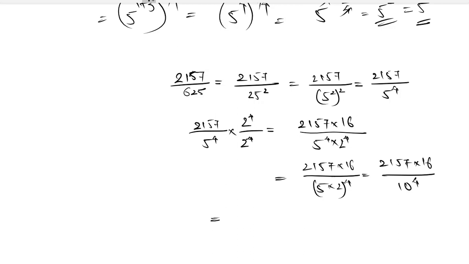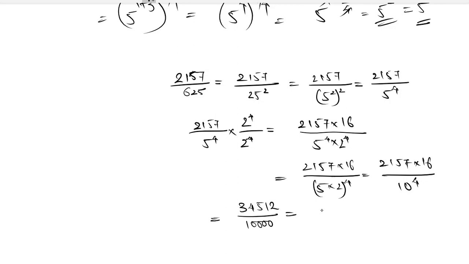That is, okay, let me just calculate what is 2157 multiplied by 16. 34512 divided by 10 raised to 4, which is 1 and 4 zeros.